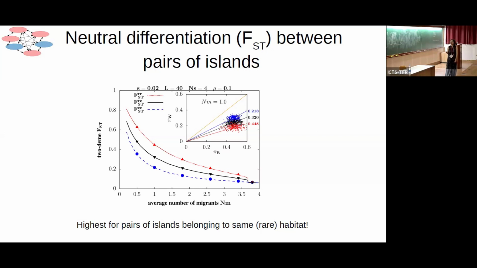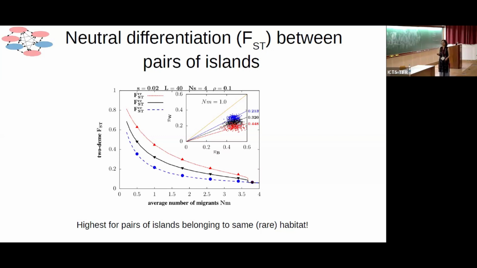As one would expect, as there's more mixing, diversity within populations and divergence between populations look very similar. So FST here, which is essentially the difference between the two, declines with increasing migration and increasing mixing.